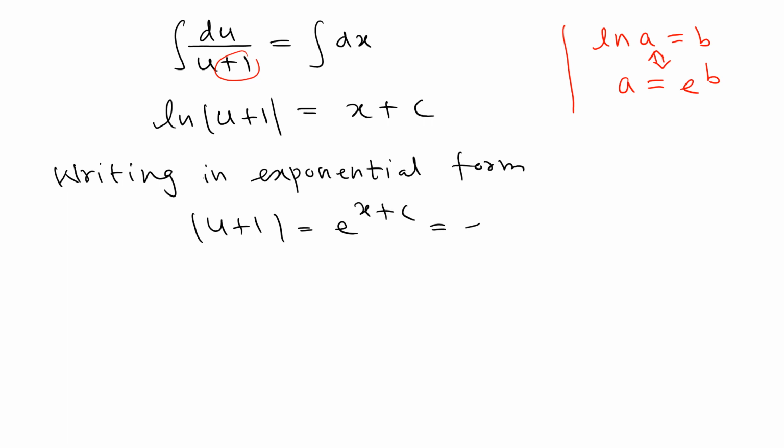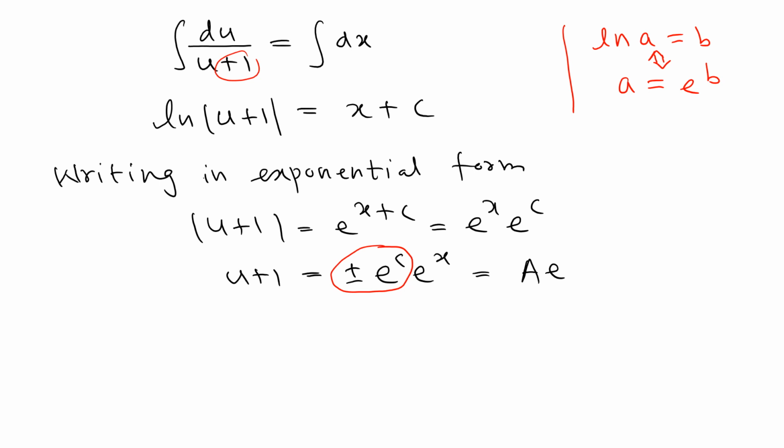You can write this as e to the x times e to the c, and when you remove the absolute value sign, you get the plus or minus term, and then we write e to the c first and then e to the x. For simplicity, I'm going to call this one just a, because it's just a constant, so we can call that a e to the x or c e to the x, like that.